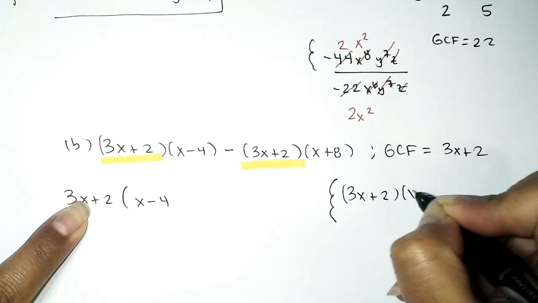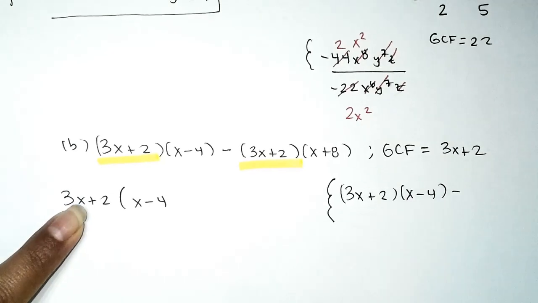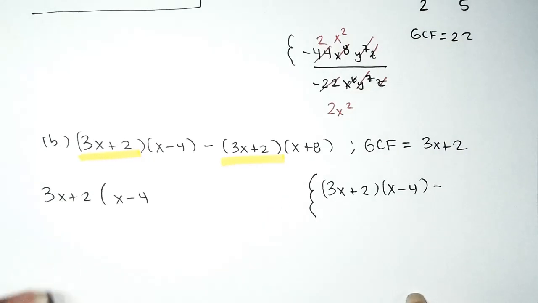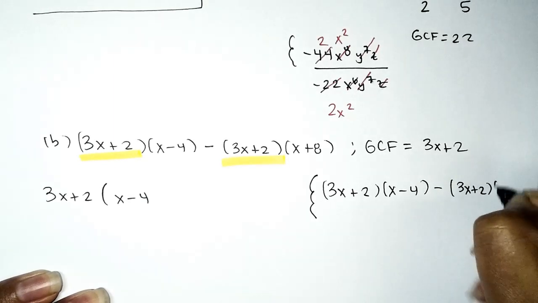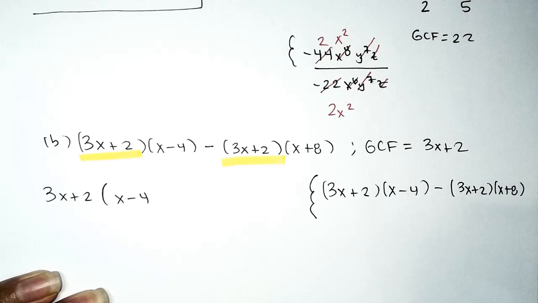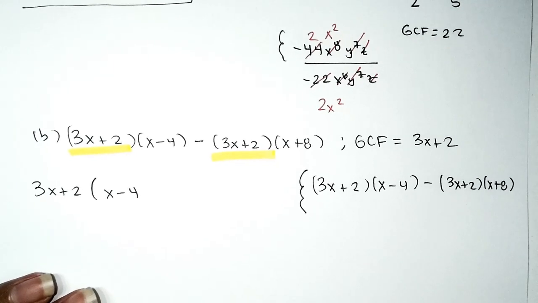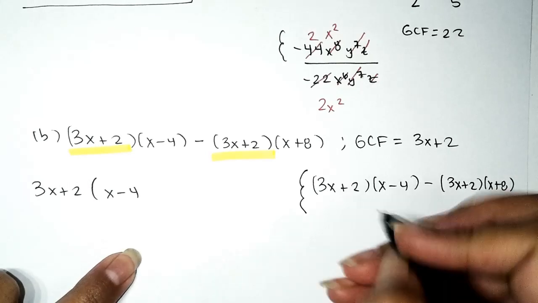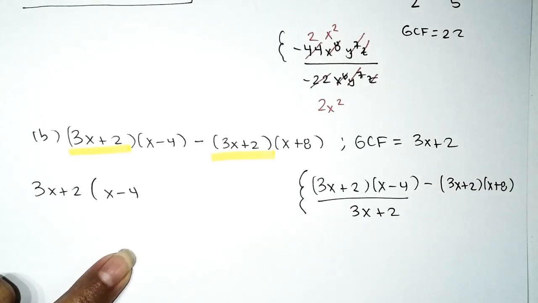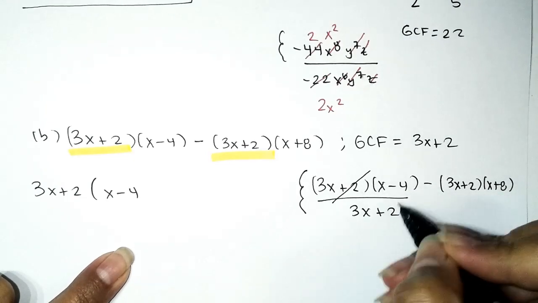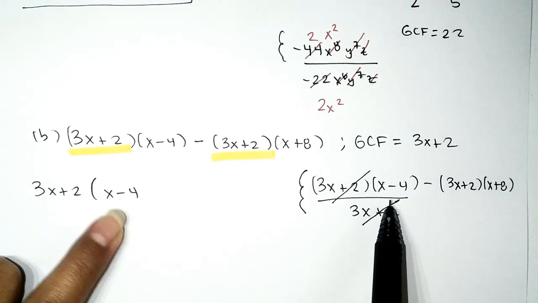So this is pretty much going to be the behind the scenes. We'll write out the problem again. So again, we want to factor out the GCF from the expression. First product divided by GCF. The 3x plus 2's cancel, and that will leave us with x minus 4.